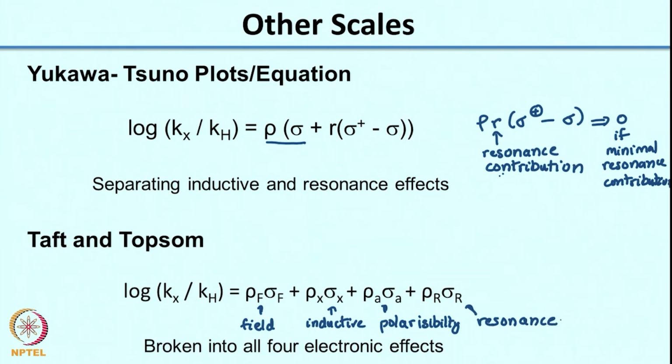So when you do the experiment, essentially to get one of these plots, what you determine on the y axis, which is log of kx over kh, let us say we are taking a new reaction, whatever you plot on the y axis is experimentally determined. So you would do the reaction for a substrate with substituent x, and then you will do another reaction where you do not have the substituent, and you would take the log of kx over kh.